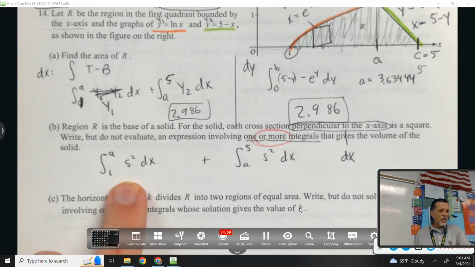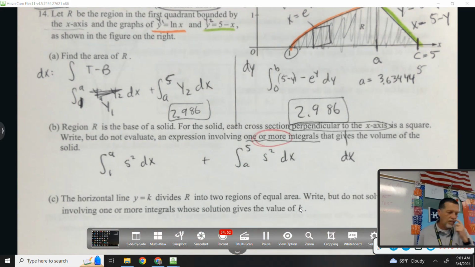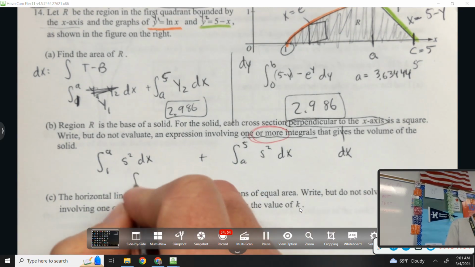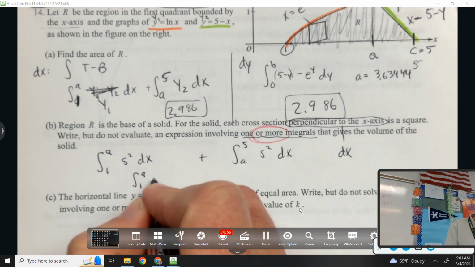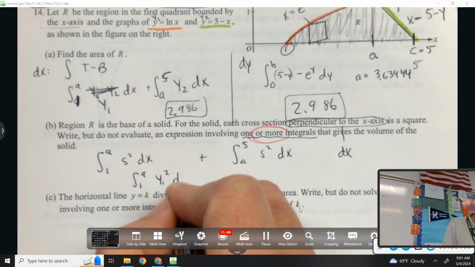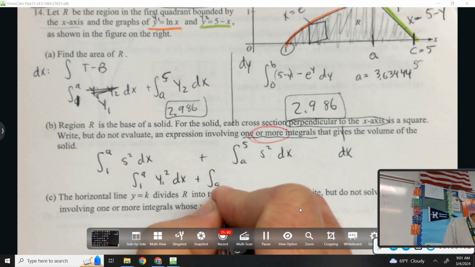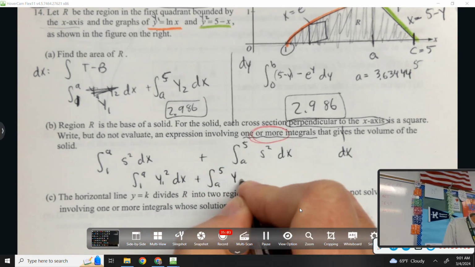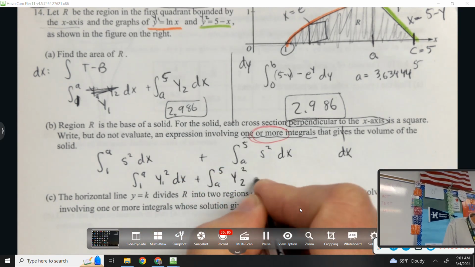But s is different for those two different pieces. So 1 to a, if I labeled it y1, I can go with just y1 squared dx. And then a to 5 is y2 squared dx.